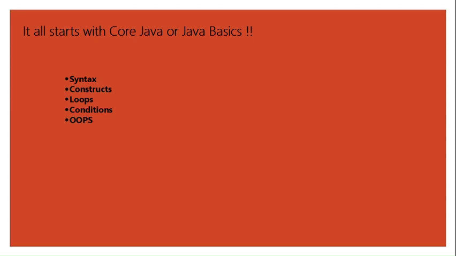You should be able to understand all these basic principles. We'll cover these basics also. We'll not directly jump onto the certification and say this is the syllabus, and so on and so forth.